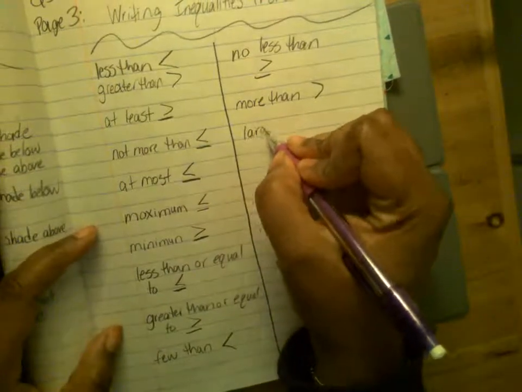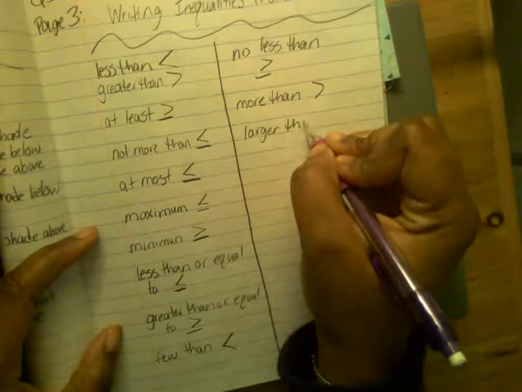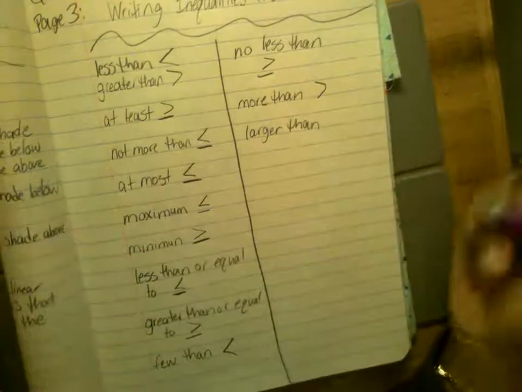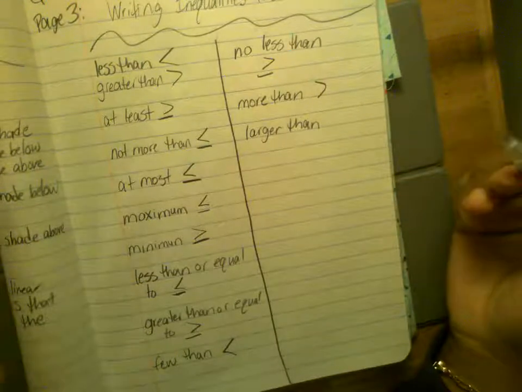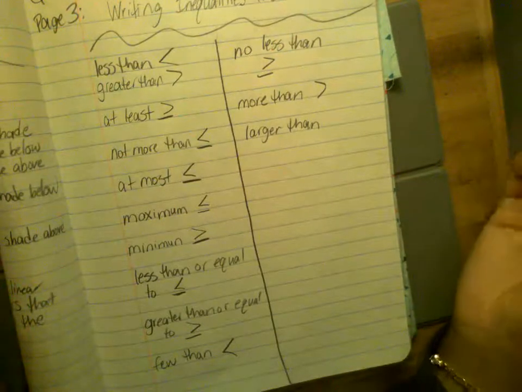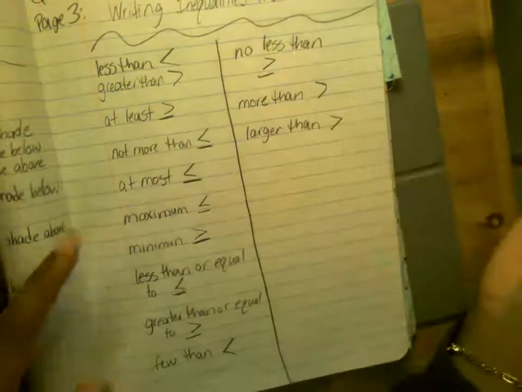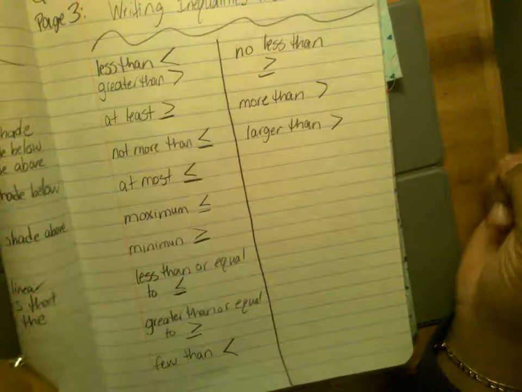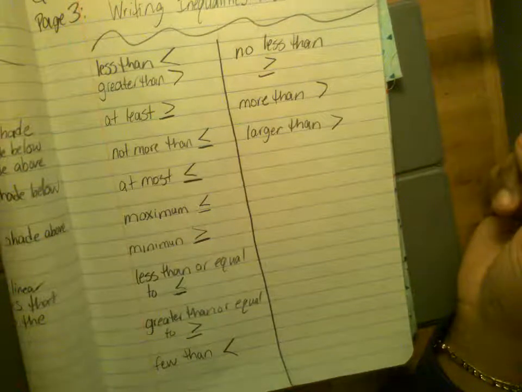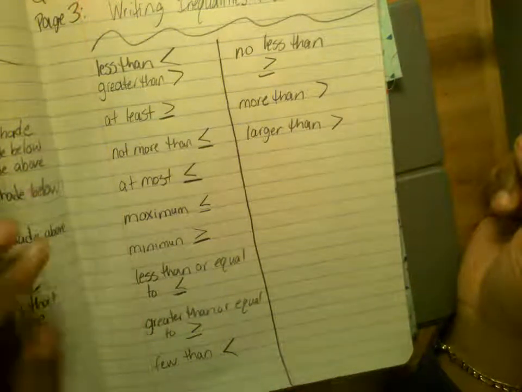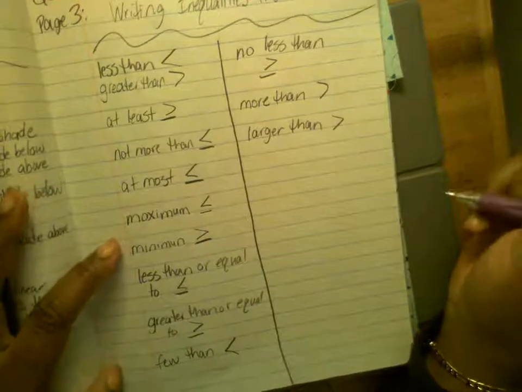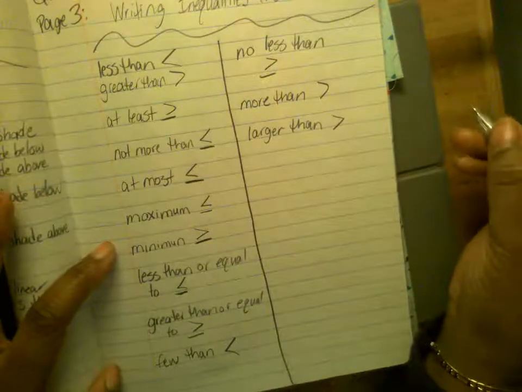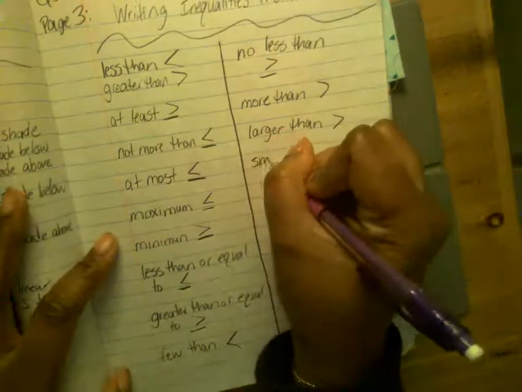Larger. Larger than. Again, if I have larger than $20 bills, then that means I have more than just $20 bills. Nice, right? $100 bills. Smaller.